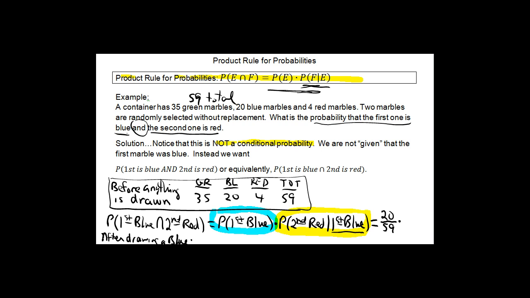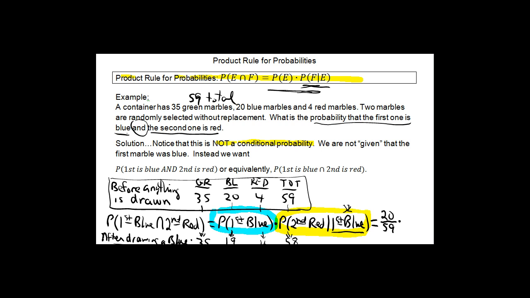You would still have 35 greens, but you drew a blue. That's this condition here. So you would have only 19 blues now. Your number of reds would still be 4. But now you would only have 58 marbles left.